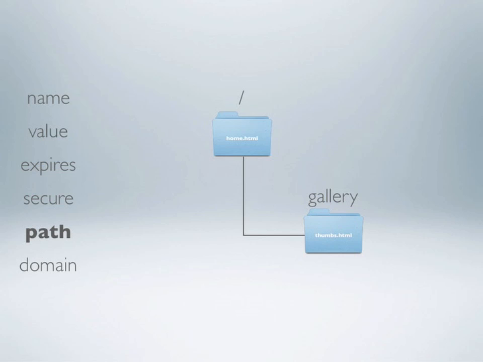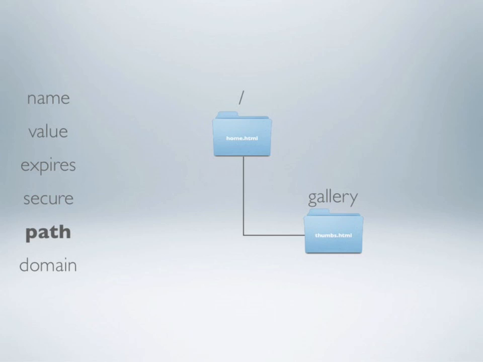So here's a little example. Let's say in the root of the file system of my website, I have a page called home.html, and below the root of the file system, I have a subfolder called gallery, and in that gallery subfolder, I have a page there called thumbs.html.